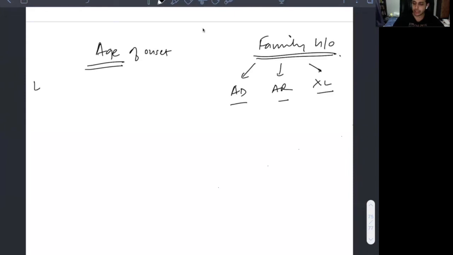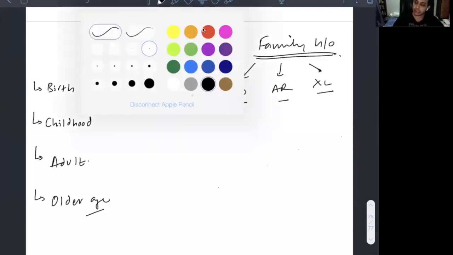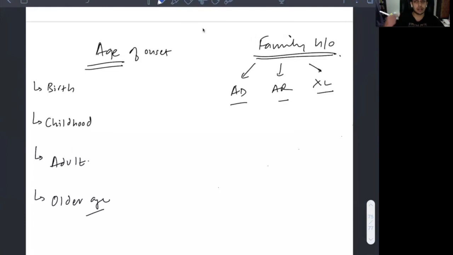And age of onset is important because suppose there are signs of myopathy at birth, versus if birth was normal but the myopathy started in childhood, or if the myopathy started in adulthood, or if it started at an older age, elderly. So this will help us come to a diagnosis much better.